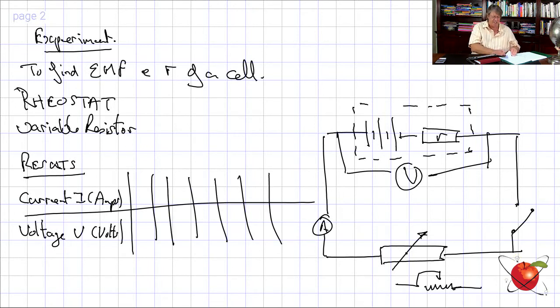Now, as we vary that, we read V and A. So this is going to be ammeter reading 1, voltmeter reading 1, ammeter reading 2, voltmeter reading 2. So we get our coordinate pairs.